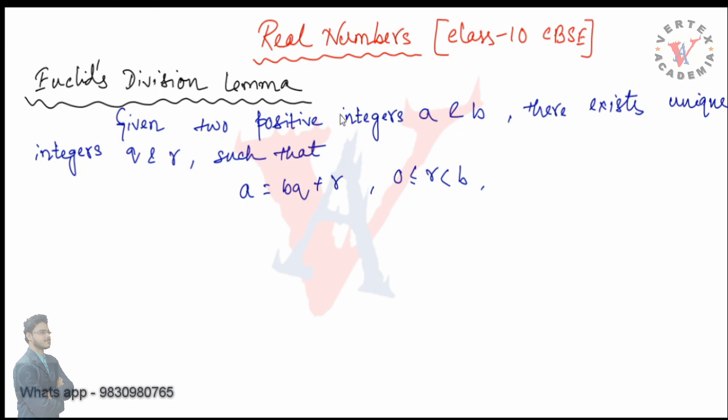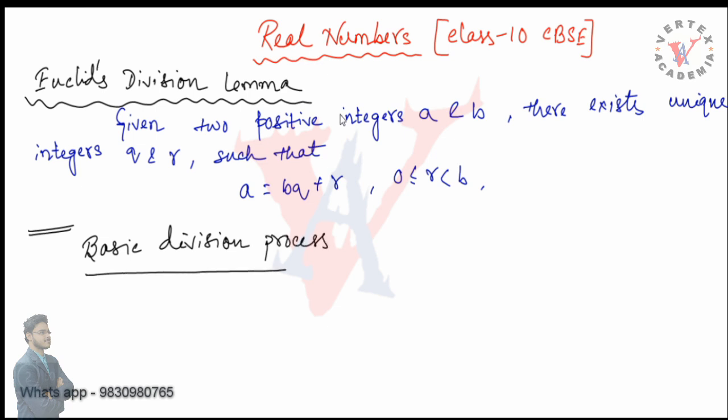So before coming to this, first we need to understand one thing. You should see this first before Euclid's division lemma. It will be easy if you understand this. So let us consider the basic division process. Let us say we are dividing 26 by 7.